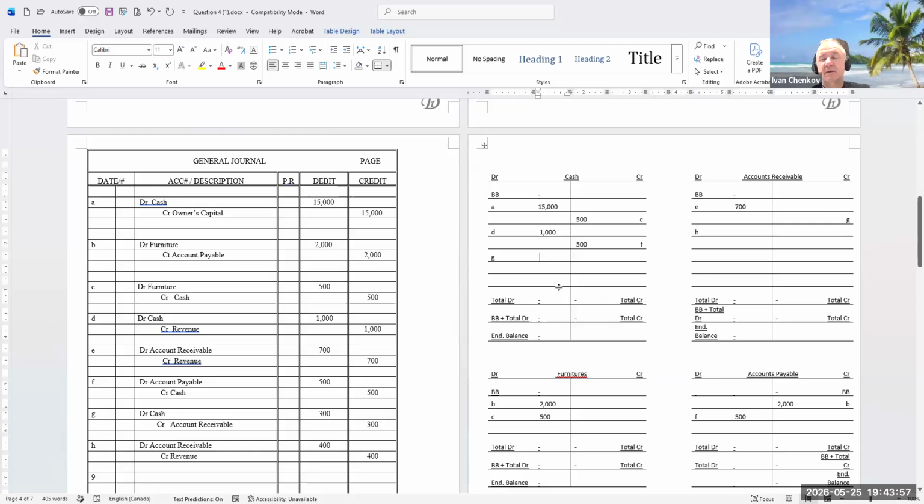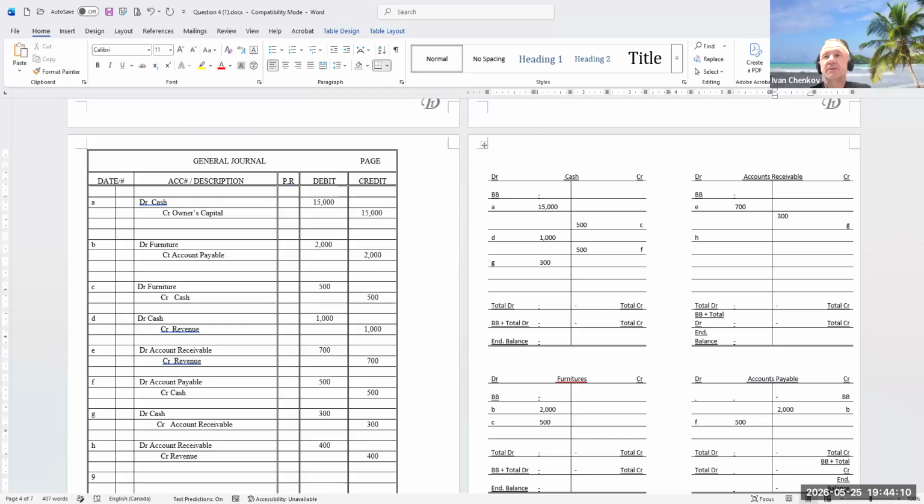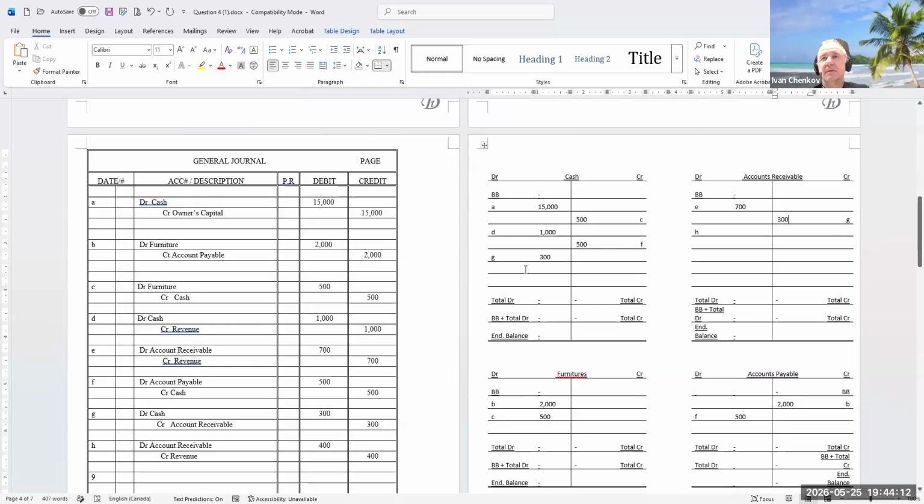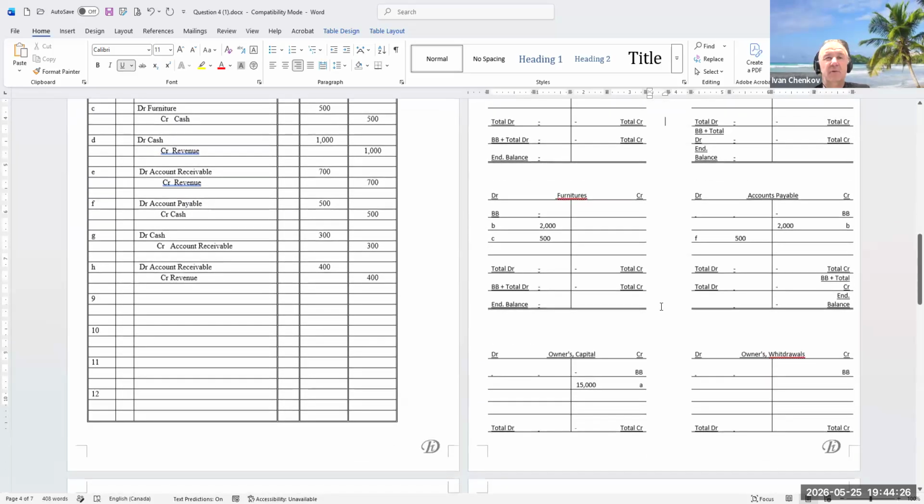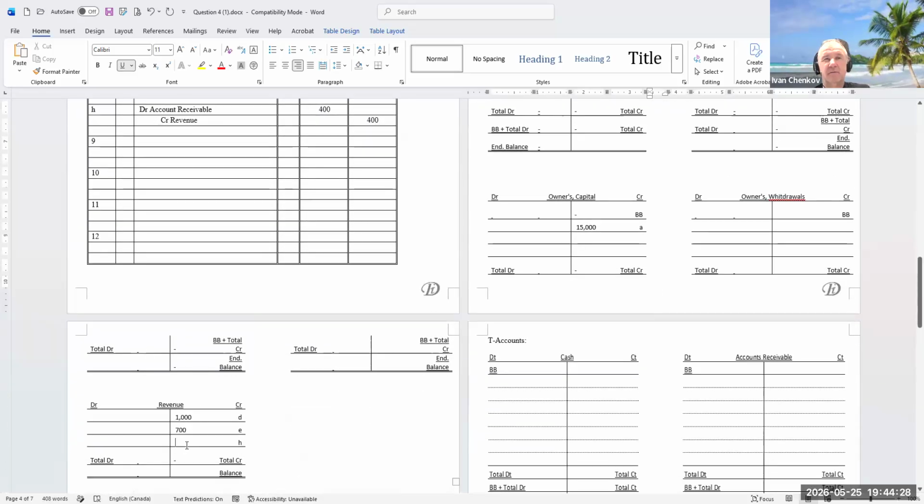So we get $300 cash, and the client pays us right here, $300. And the last transaction is when we provide the service, but the client didn't pay. So we need more accounts receivable, 400 accounts receivable here, and more revenue for us, 400 here.